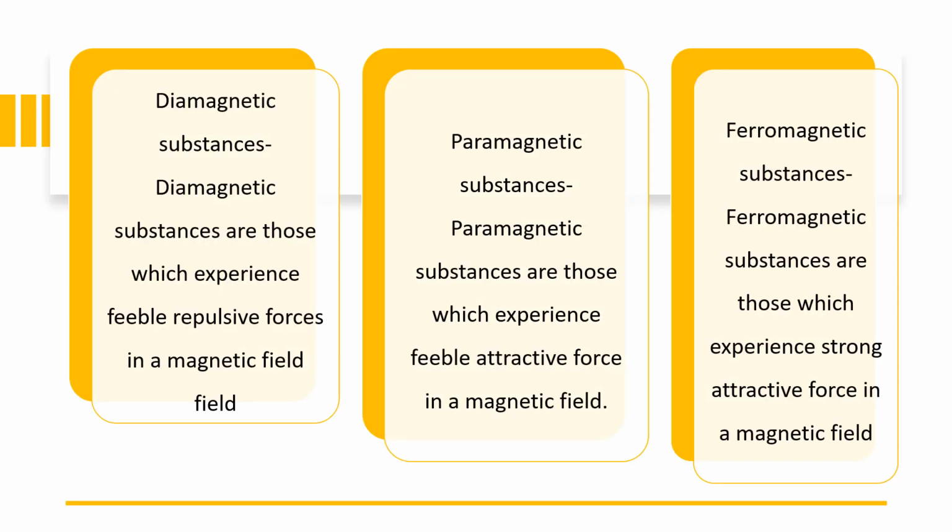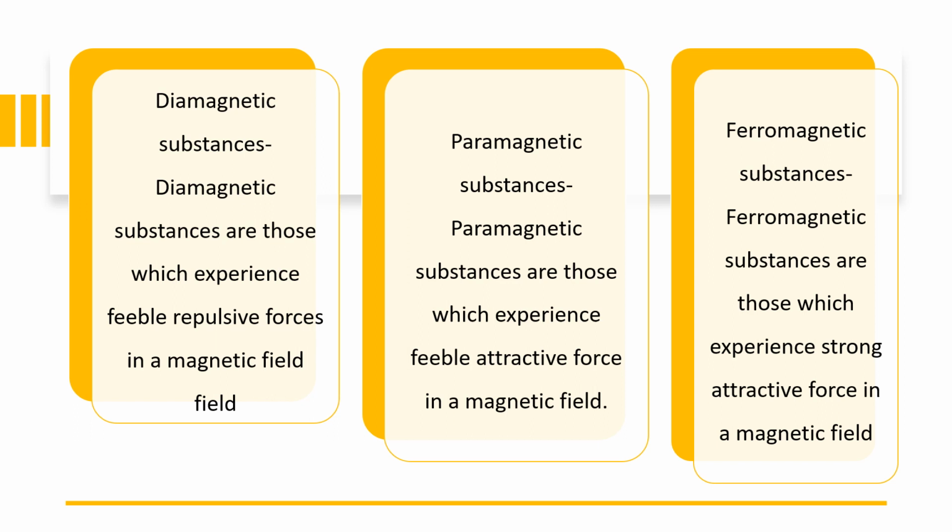Next, what are paramagnetic, diamagnetic and ferromagnetic materials? Diamagnetic substances are those which experience a feeble repulsive force in a magnetic field. That is, when a diamagnetic substance is placed in a magnetic field, a weak magnetism is induced in it in a direction opposite to the magnetic field.